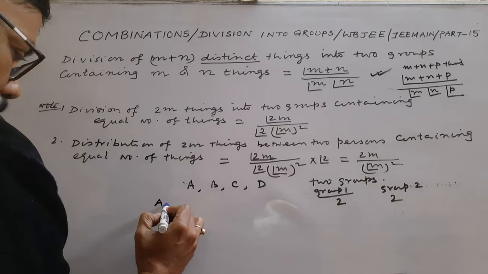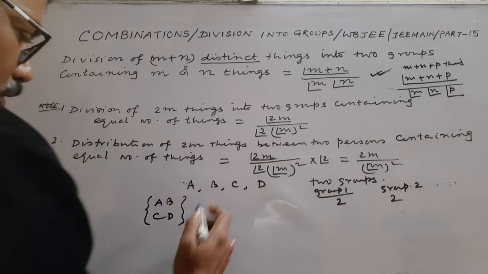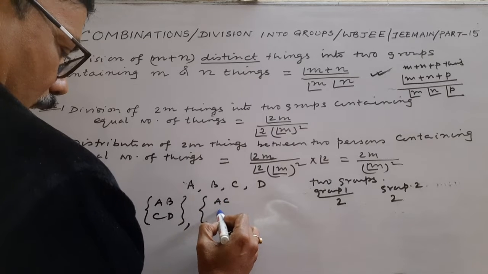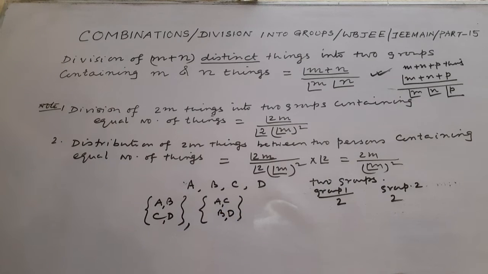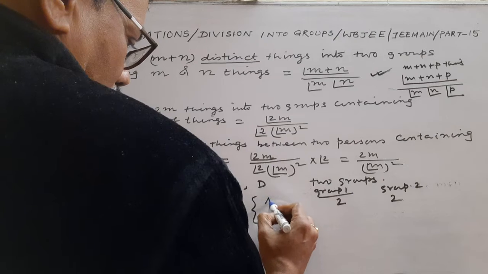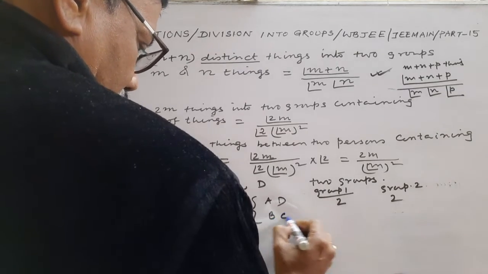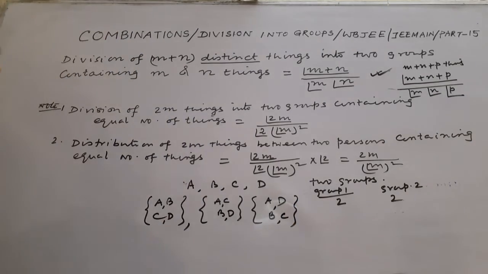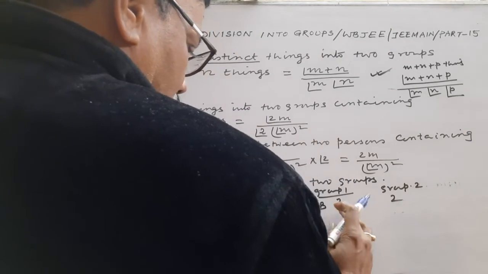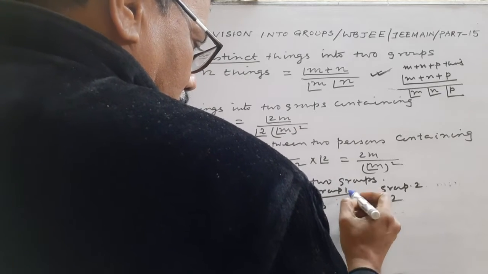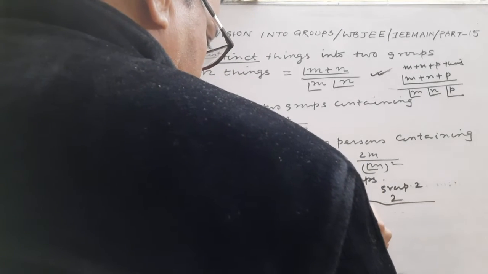Now look, if we take, this is AB and CD, this is a grouping. AB and CD, AC and BD, then AD and BC. A is fixed, then B is fixed.